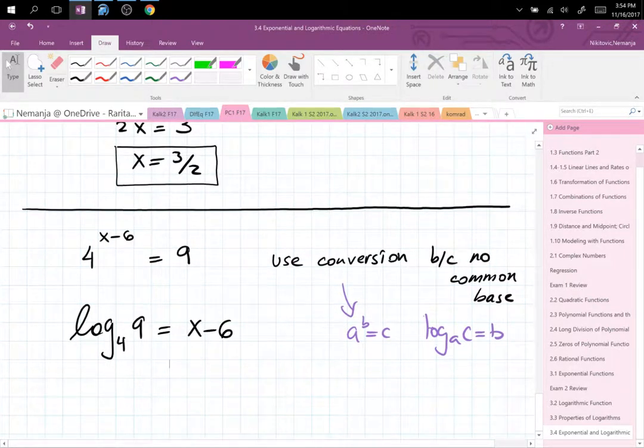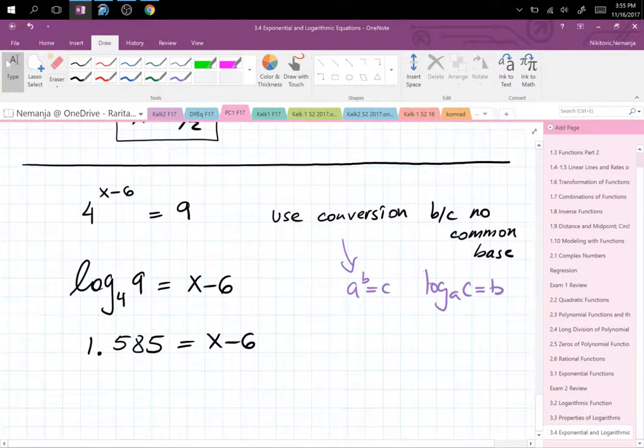So now you use your calculator to figure out log base 4 of 9. That will be ln 9 over ln 4, or log 9 over log 4. And hopefully you have that it's 1.585 and so on, is equal to x minus 6.